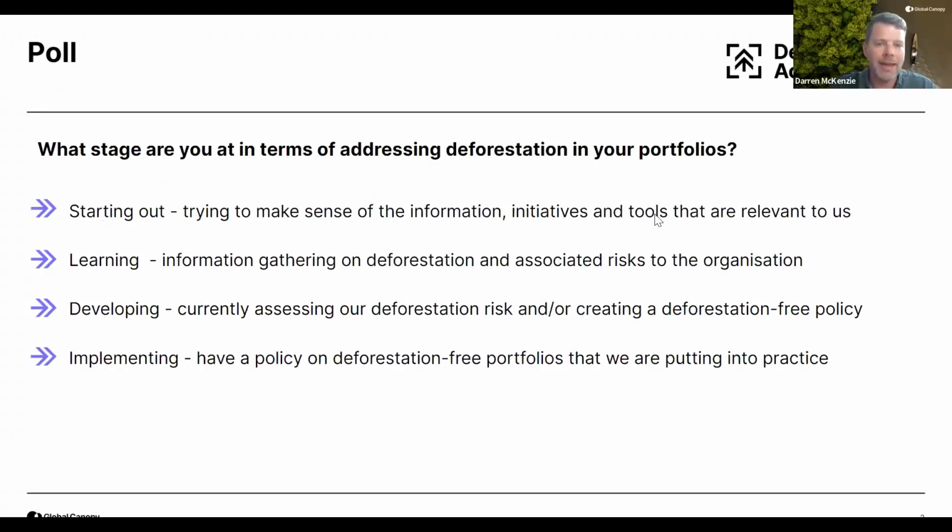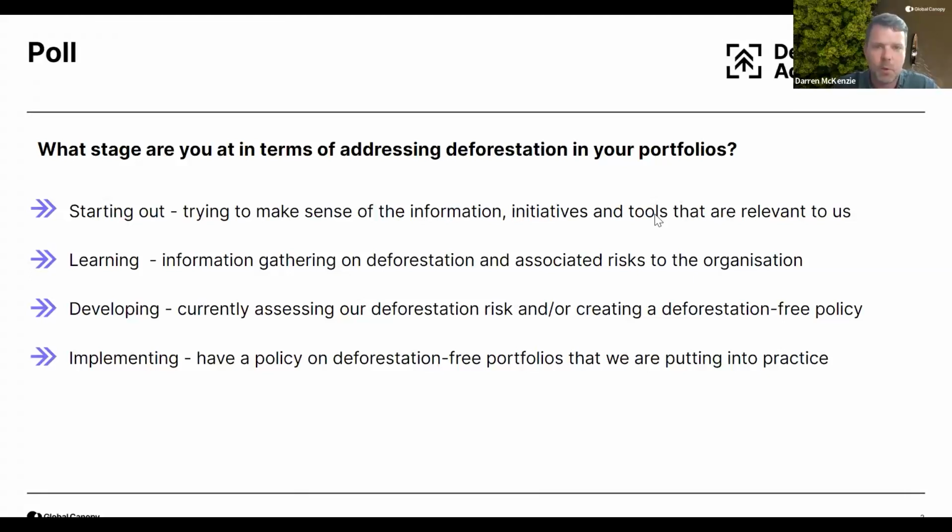Are you starting out, at the very start of your journey to tackle deforestation? Are you learning, currently gathering information on deforestation and the associated risks? Are you developing, creating that deforestation-free policy? Or are you a stage beyond? Are you implementing? Do you already have a policy and are you putting that into practice? Are you engaging?